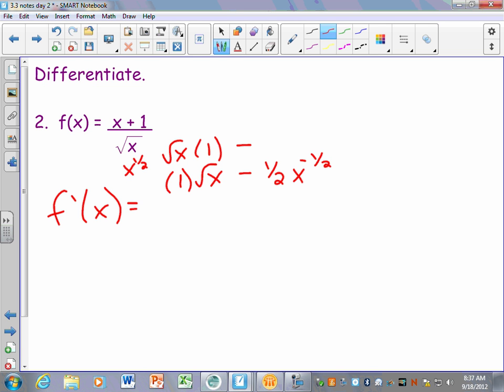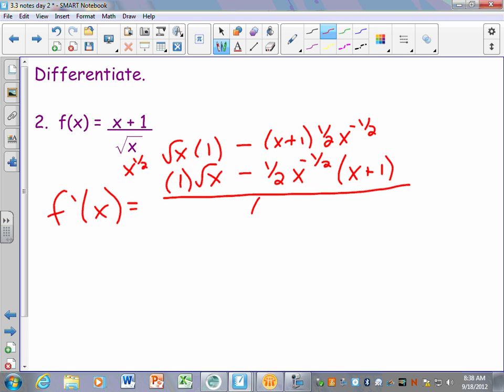We got to be able to deal with fractions when we're taking derivatives. They're going to be a big part of it. Times the top, which is x plus 1. Or, if you go the other way, that would be x plus 1 times 1/2 x to the negative 1/2. And again, we should be okay in whichever order we go in. All divided by the denominator squared, which is going to be the square root of x squared.